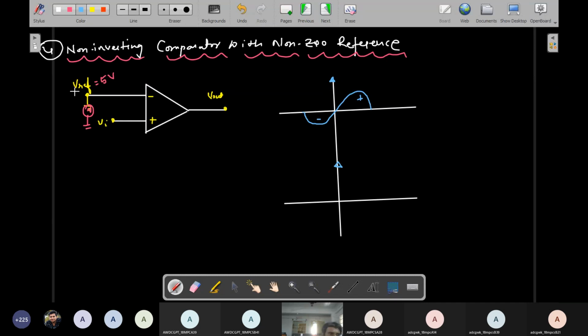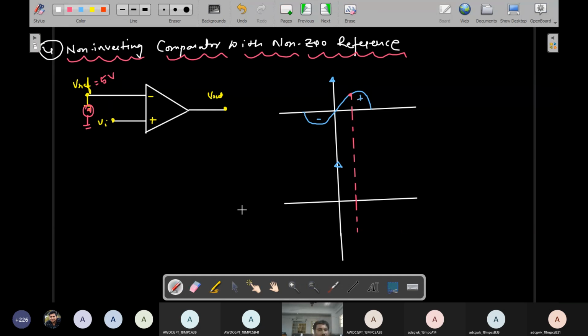Somewhere I represent the reference voltage point. Now I'll move to that reference voltage point and draw a dotted line from that reference point.